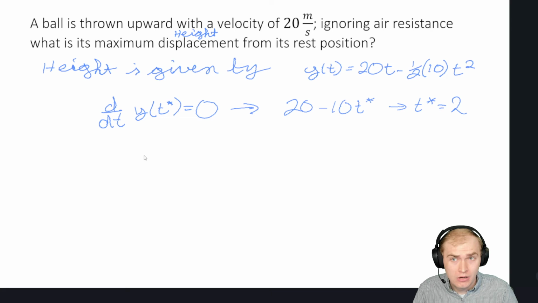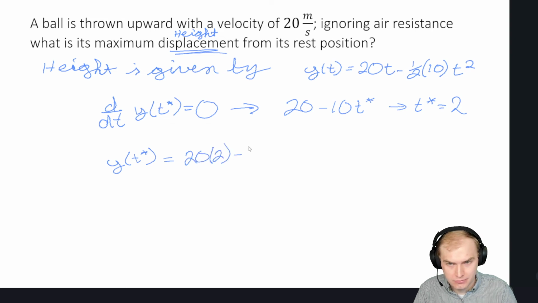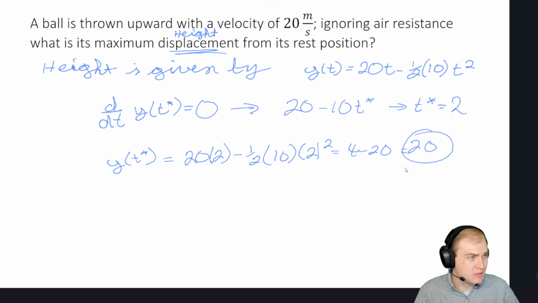Then what we wanted was the maximum displacement, the maximum height. So we're going to have to plug t star back into our initial function. 20 times 2 minus 1/2 times 10 times 2 squared: 40 minus 20, 20. 20 is the maximum height.